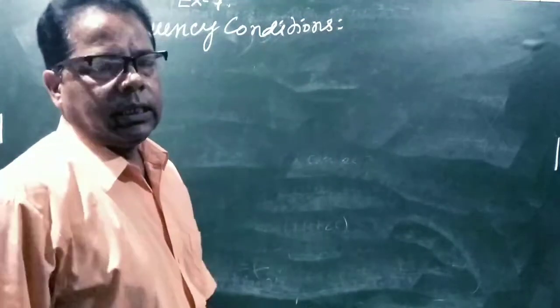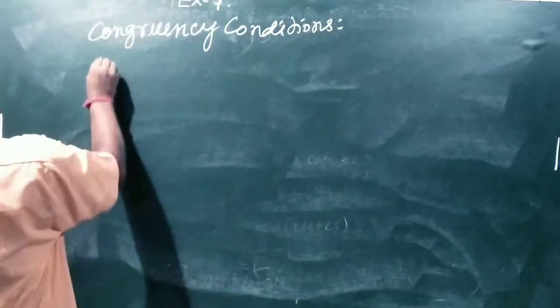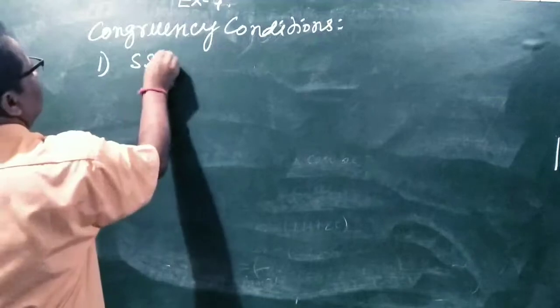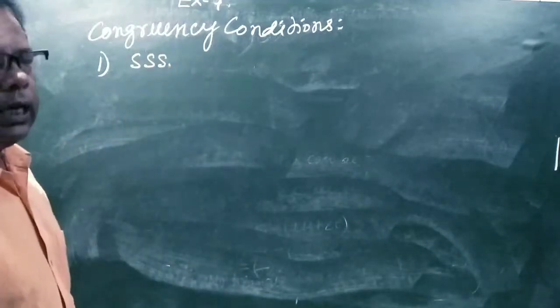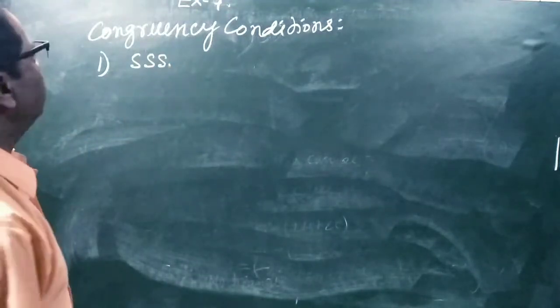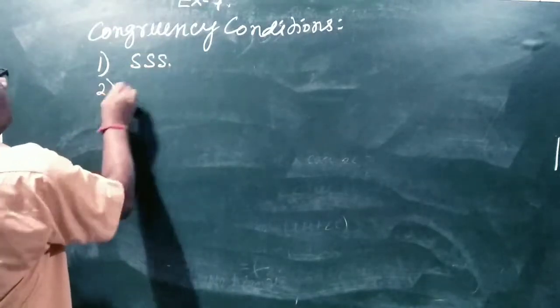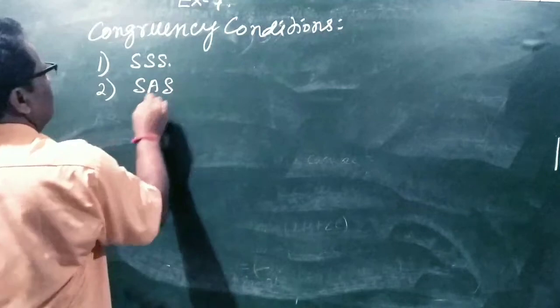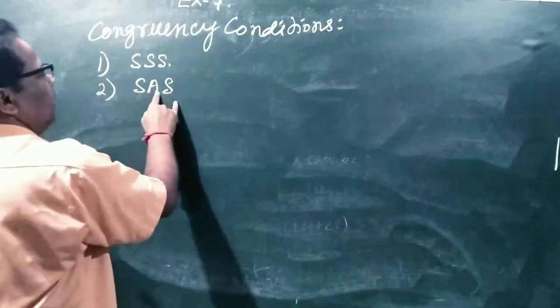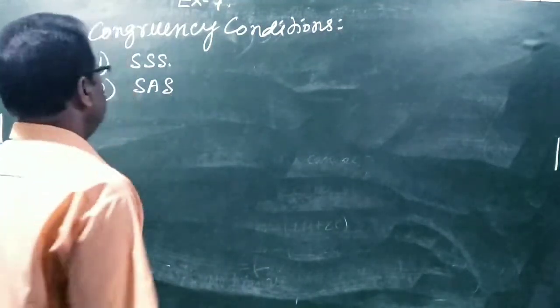Two triangles can be congruent when all the sides are equal. S for side, all three sides are equal. Side, angle, side: when two sides and one angle are equal, two triangles can be congruent.